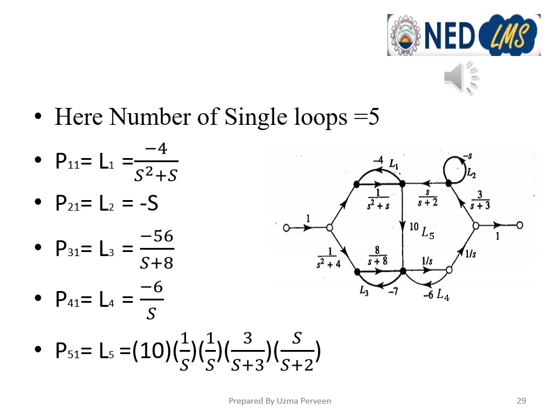The fourth one is at the bottom right, minus 6 into 1 upon S, that is minus 6 upon S. And if we see carefully, the pentagon at the right hand side is also a loop, with the product of branch gains written as L5. This is 10 into 1 upon S into 1 upon S into 3 upon S plus 3 multiplied by S upon S plus 2. So we have 5 single loops: L1, L2, L3, L4 and L5.